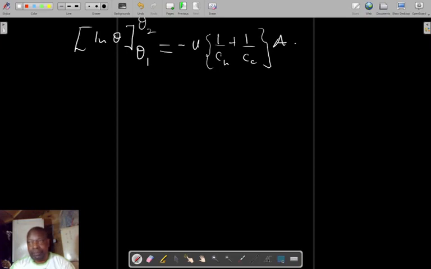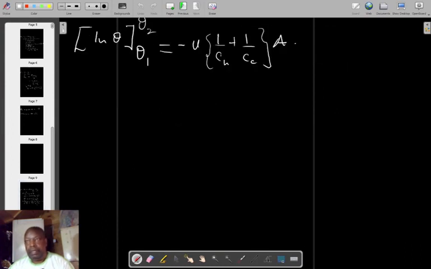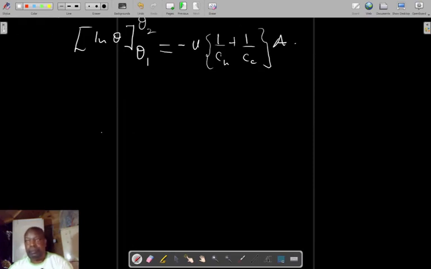So that gives us our expression, that is ln of theta between theta 1 and theta 2 is equal to that.